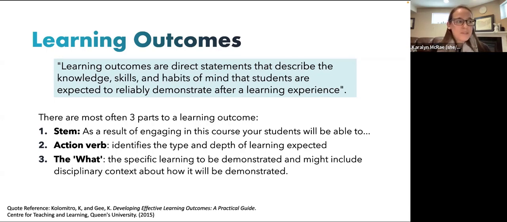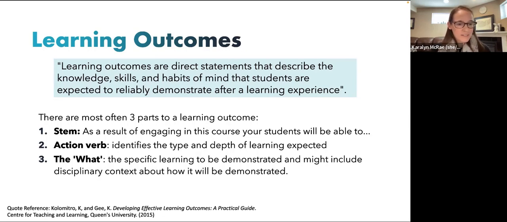But these are the 3 key pieces that they should have. And most often you're going to find learning outcomes articulated in the syllabus. They are not always there, but every Queen's course has learning outcomes associated with it. So they're there, they're written. You just sometimes have to ask to figure out what they are if they're not explicitly in a syllabus.